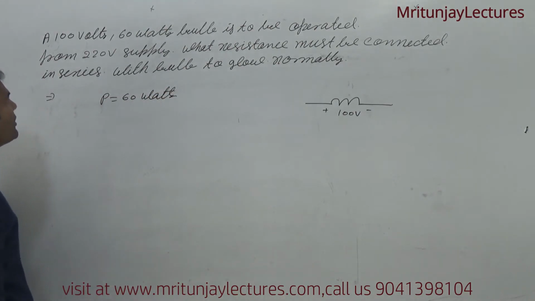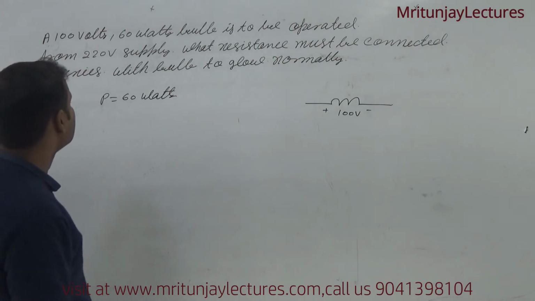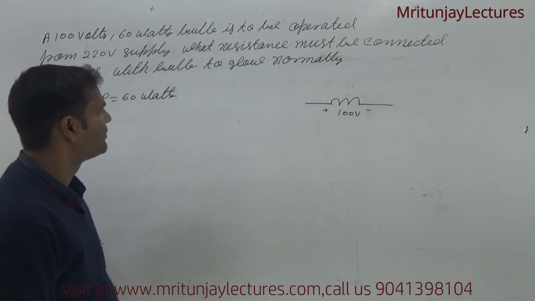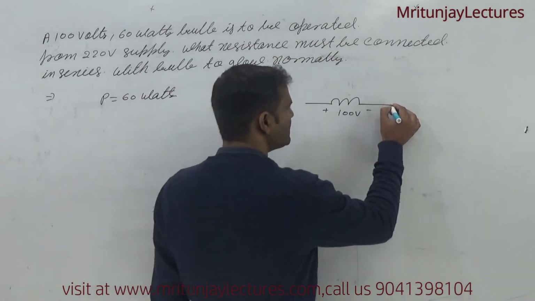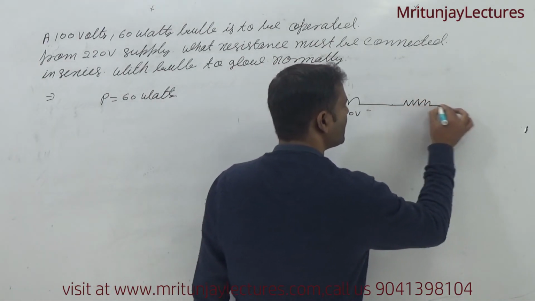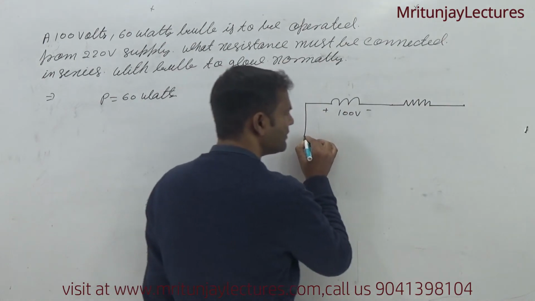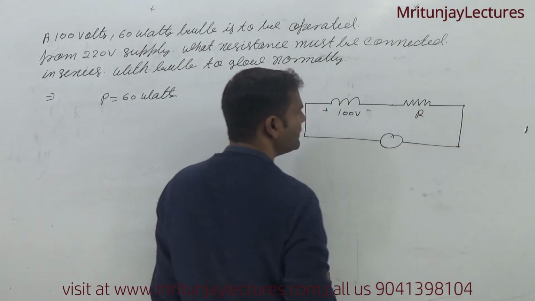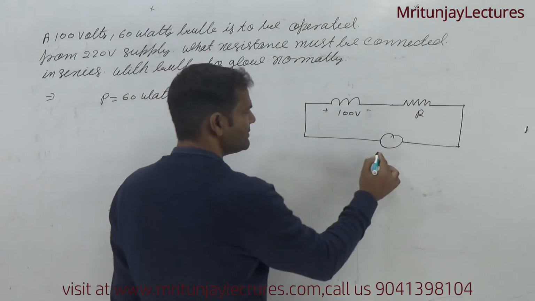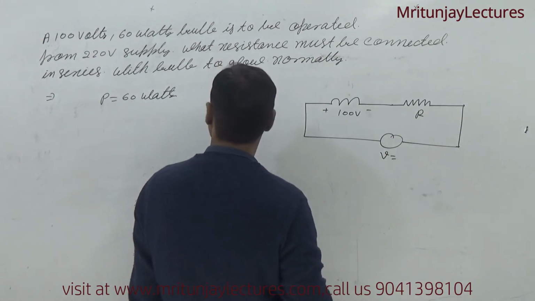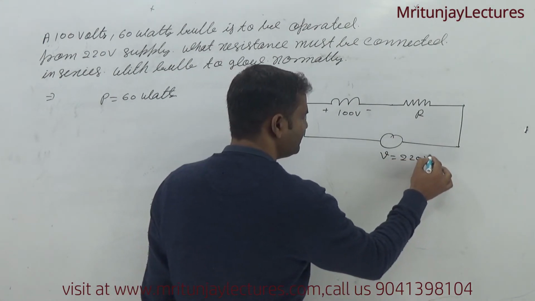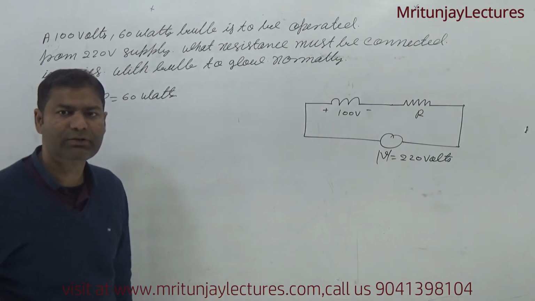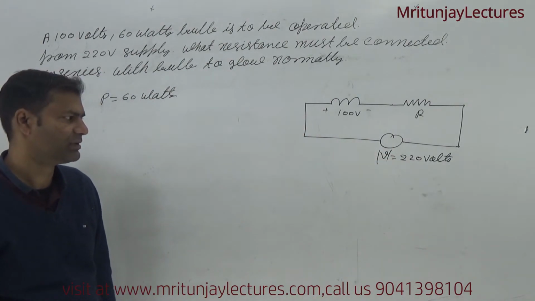The bulb is to be operated from the 220 supply. What resistance must be connected in series with the bulb? So a resistance R is connected here, and the supply voltage is 220 volt.